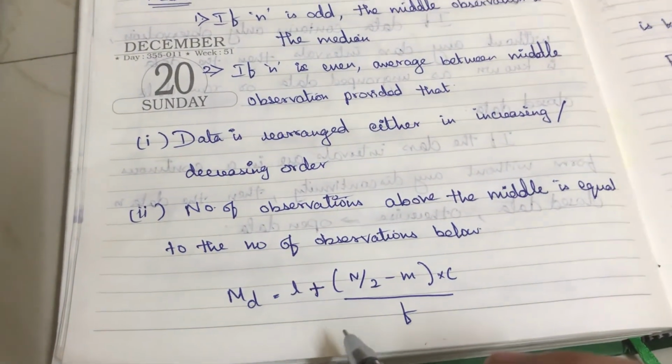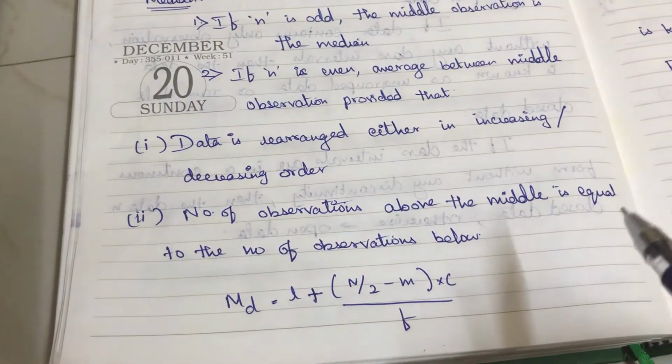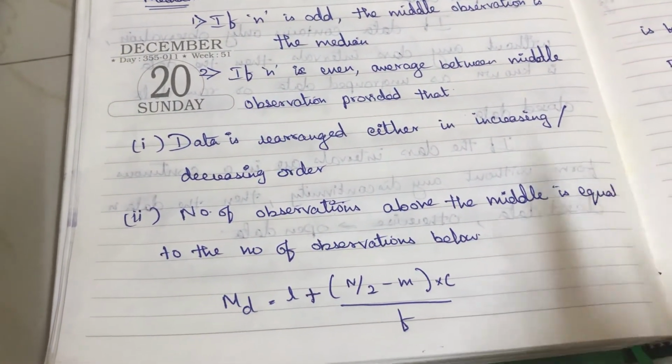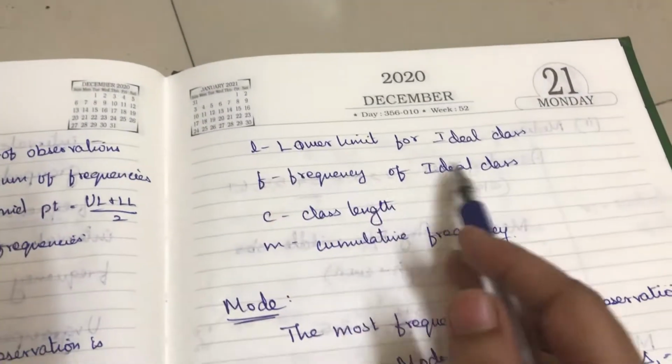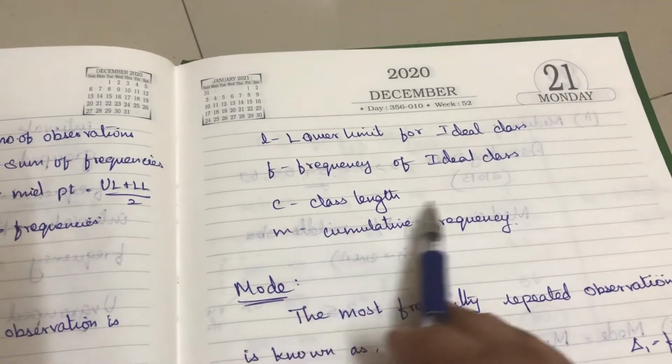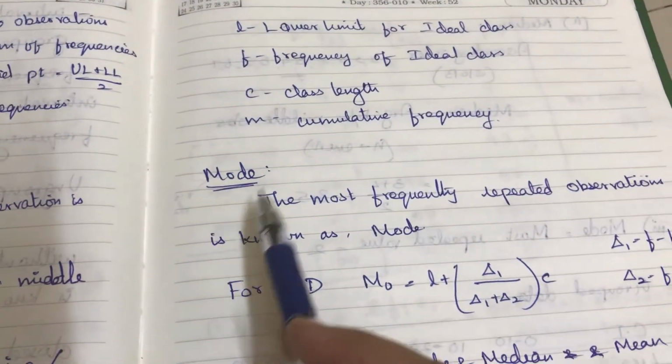So the median will be equal to L plus (n by 2 minus cumulative frequency), the whole, into C by f. So this is the formula here. Here L is the lower limit, f is the frequency, C is the class length, and m is the cumulative frequency. Then comes mode.